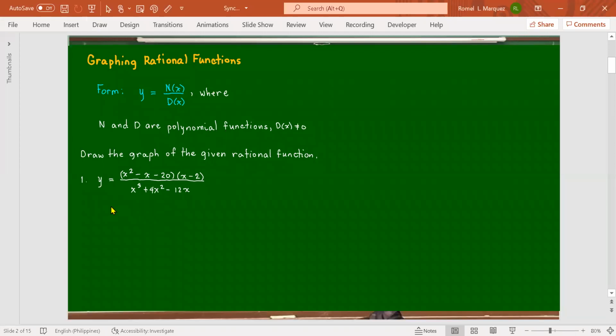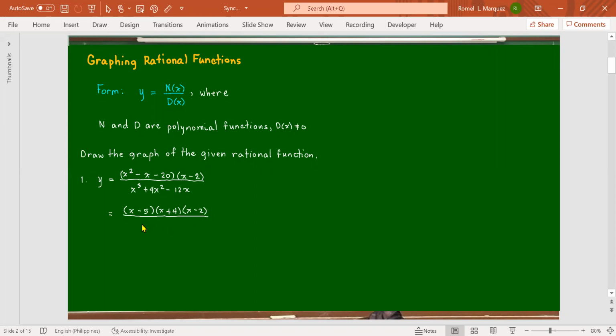The numerator can be factored into x minus 5, x plus 4. Am I correct, guys? That is by trial and error, factoring a general trinomial. And then just copy x minus 2.